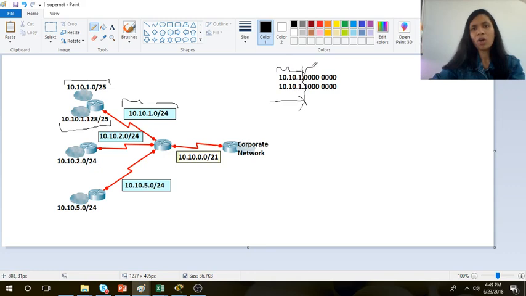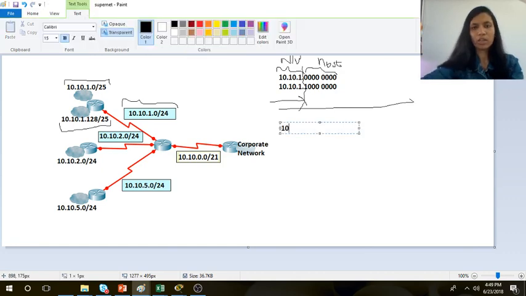From here my uncommon bits start. Okay, so you consider your common bits as your network bits and your uncommon bits as your host bits. Okay, so this is going to give you 10.10.1.0. Okay, so up to this is my network.